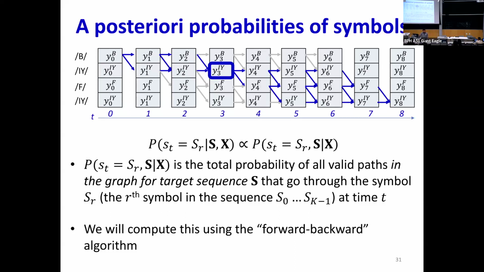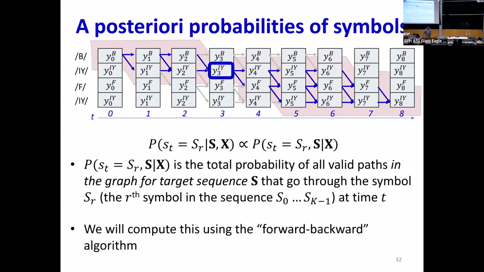It's the set of all paths that go through the third node. That makes sense? Right? And why did I say proportional? Because what we actually compute in the graph is the joint probability of the symbol sequence and the input. Whereas, well, let me get to that in the next slide.